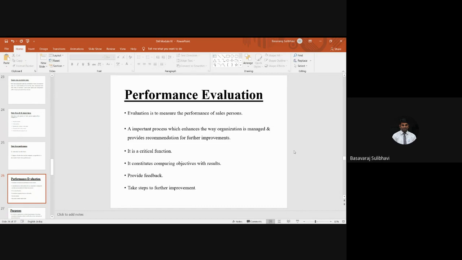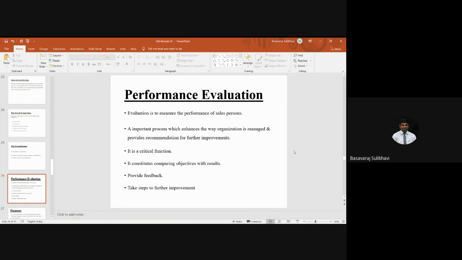When it comes to performance evaluation, you should be very keen observant. Ethically, you have to do it, and you should have complete justification for whatever you suggest on the performance given by the salespeople. So you should convince them, and show them what the proper performance is and what lacunas were found in the salespeople's performance.